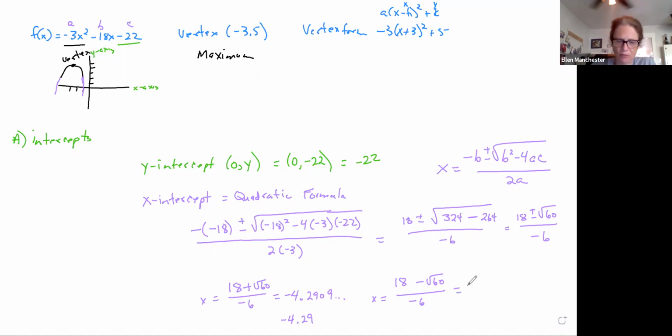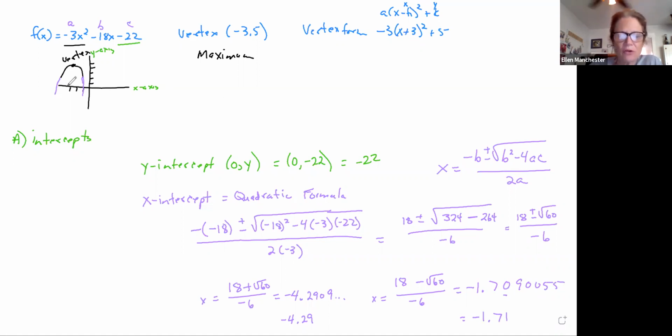All right, now I come over here. 18 minus the square root of 60, and again, hit enter, divided by -6, and I get -1.70900055. So rounding to 2 places, the 9 makes the 0 go to 1, so it's -1.71.